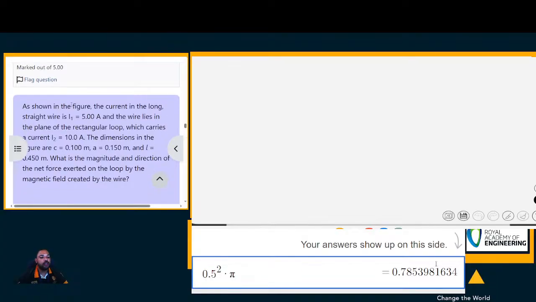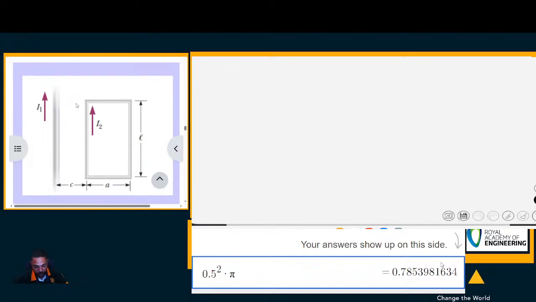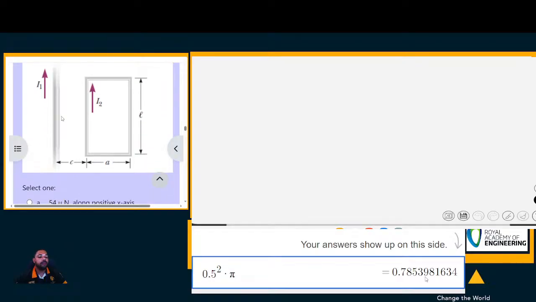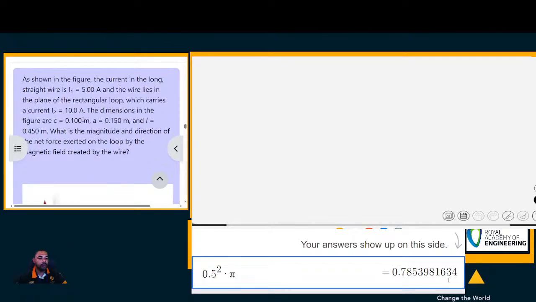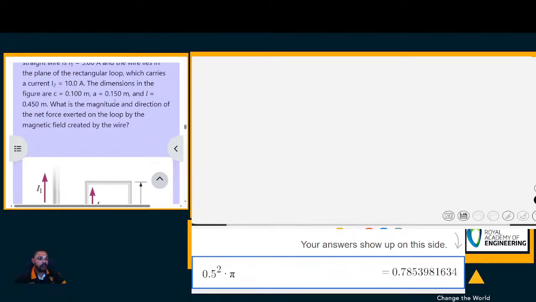Okay, question number 13. This is a nice question. I like it. As shown in that figure, the current in the long straight wire I1 is 5 amperes and the wire lies in the plane of the rectangular loop which carries a current I2 of 10 amperes.